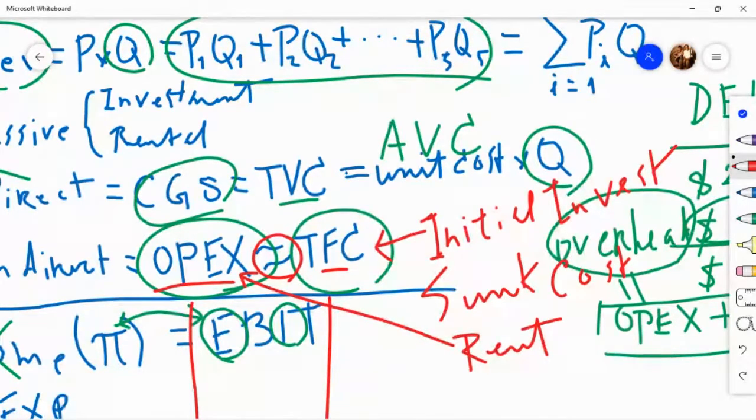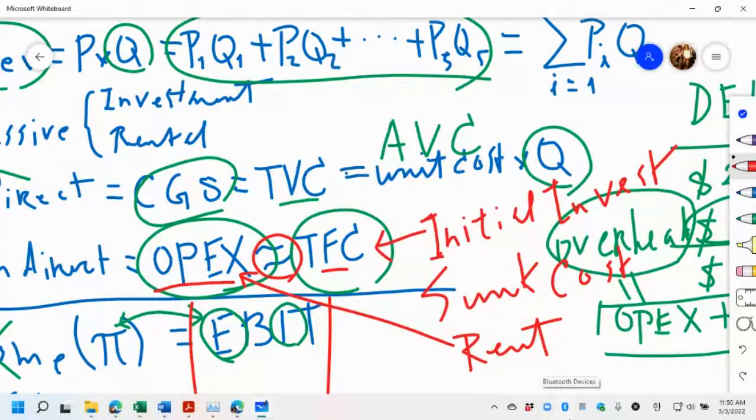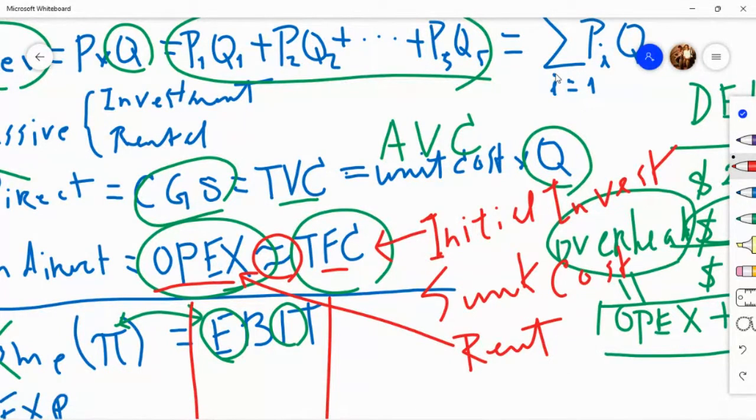Now think about it. Rent, suppose you are running a coffee shop. We're almost running out of time. You can break down your cost into CGS and operating expenses. What is CGS? CGS would include the capital equipment you use.